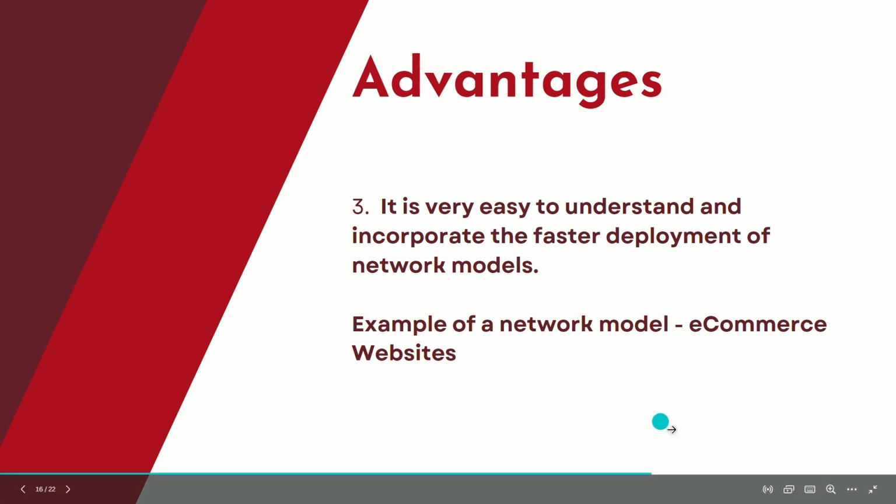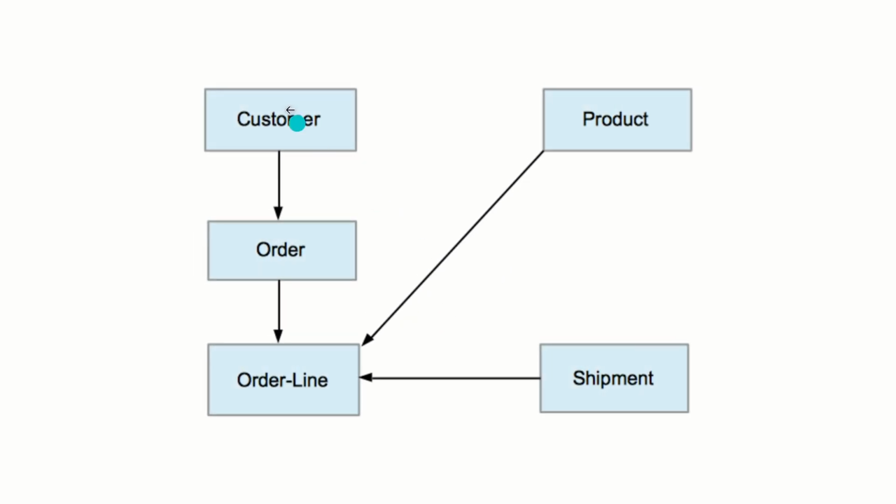A network model is something like an e-commerce website, where there is a customer, the customer places an order, there is an order line, there is a product, there's a shipment. When you form a network, it resembles a network where there are interconnections between various entities. That is what a network model is.